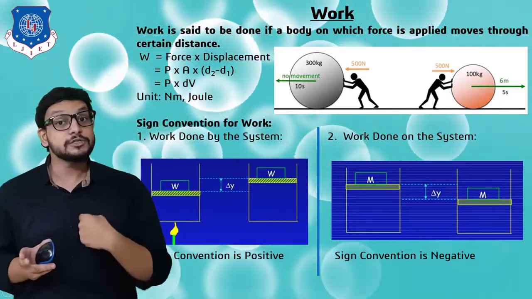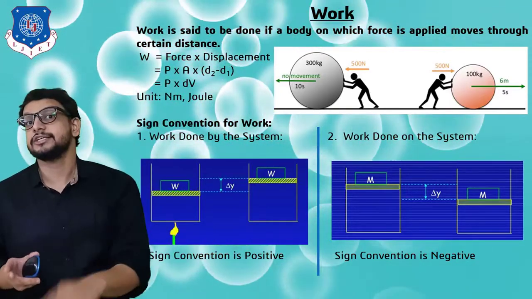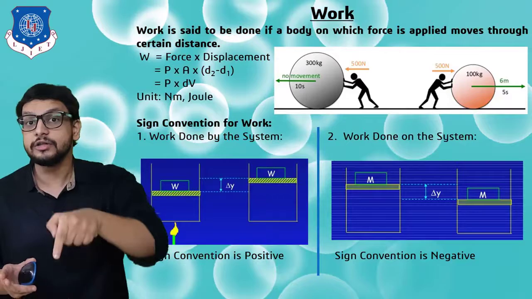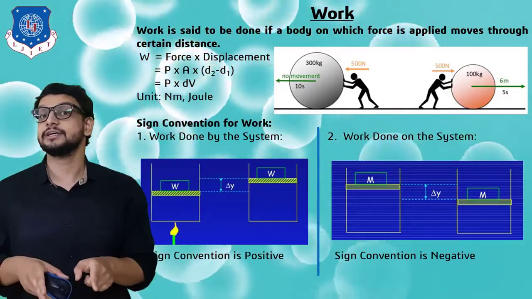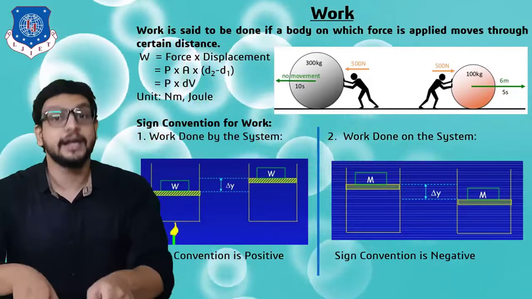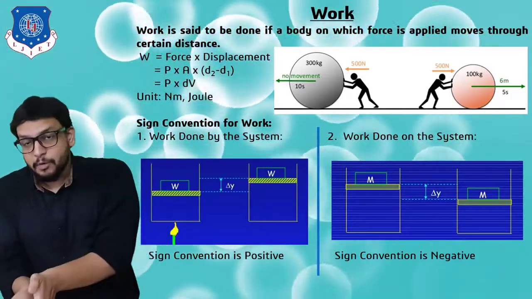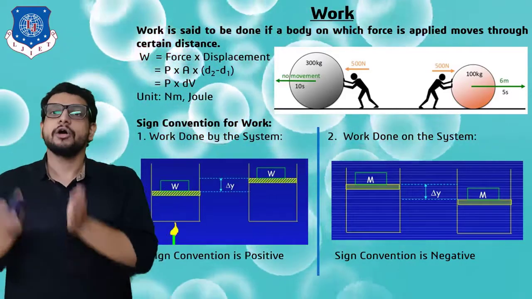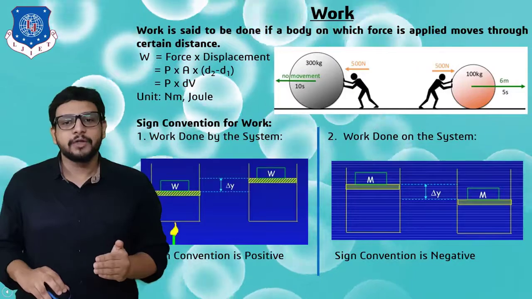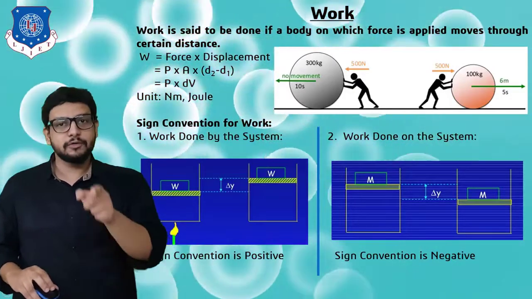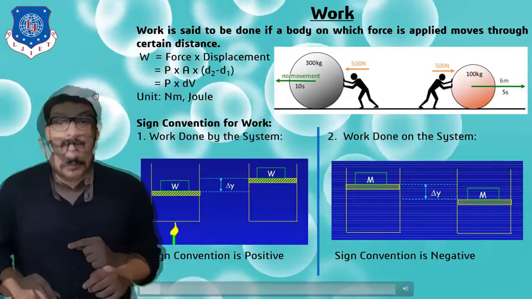I have used my energy to push the piston in a downward direction, which means work is done on the system and my energy is utilized. So for that we are going to consider the sign convention negative. You need to keep in mind that work done by the system is positive, whereas work done on the system will be considered negative. Now let's see our next term. This will be used while solving a numerical, so you need to keep the sign conventions in mind.